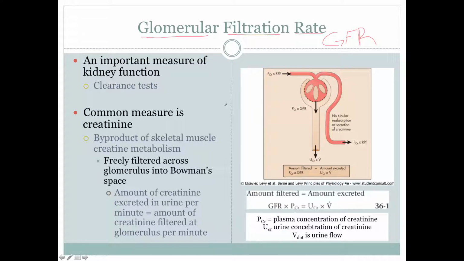The way that we can measure this is with a clearance test. And clearance tests are pretty non-invasive unless you happen to go into somebody's office when they're doing it. A clearance test involves somebody collecting their urine, usually for a 24-hour period, sometimes for 36 hours. They're just going to collect everything that they excrete in a plastic jug.